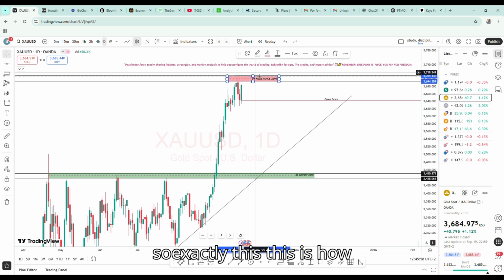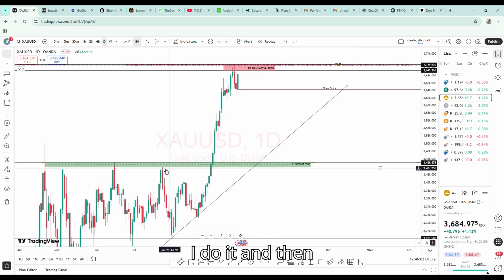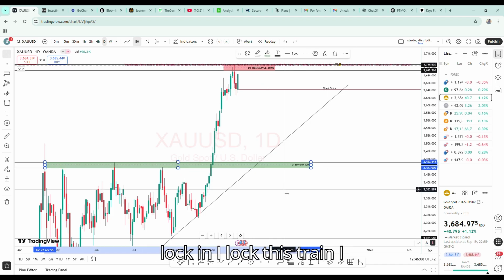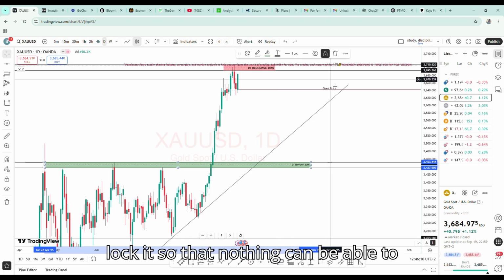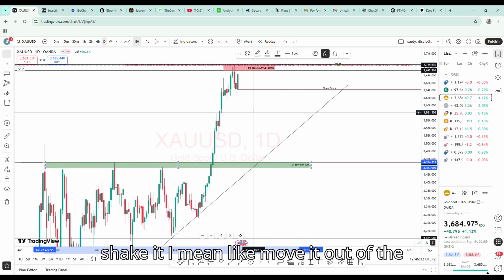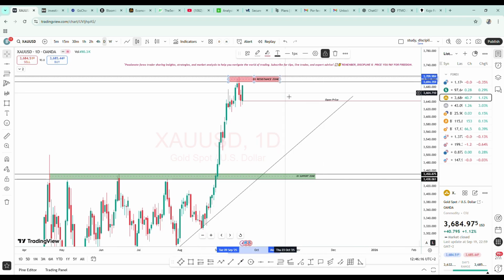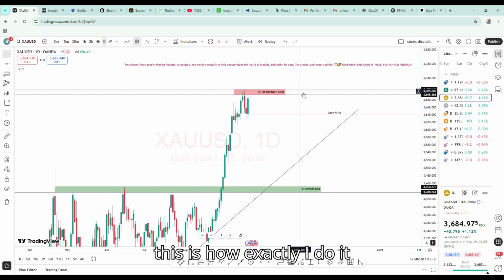You get it? So exactly this is how I do it. And then I usually lock this level so that nothing can shake it, I mean, move it out of this zone. I lock it. This is how exactly I do it.